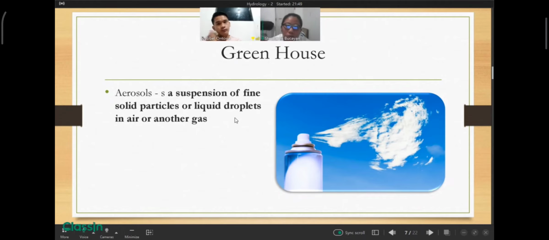So aerosol is a suspension of fine solid particles or liquid droplets in air or another gas. The atmosphere also contains small suspended liquid and solid particles. So aerosols are small dust particles that float in the atmosphere.